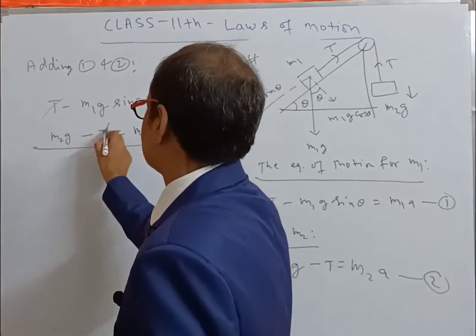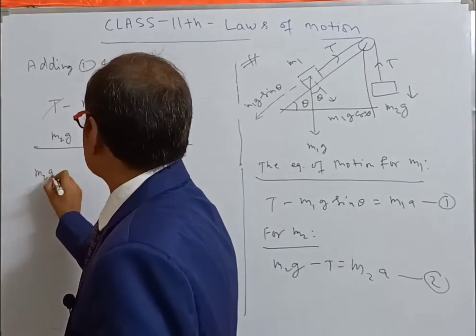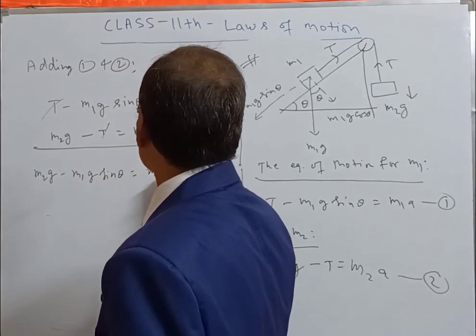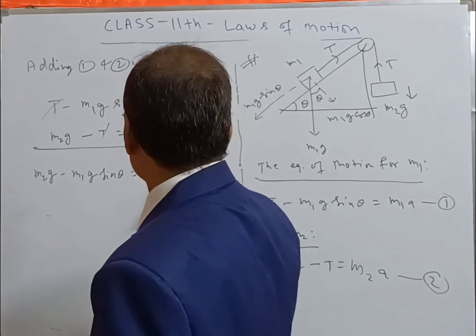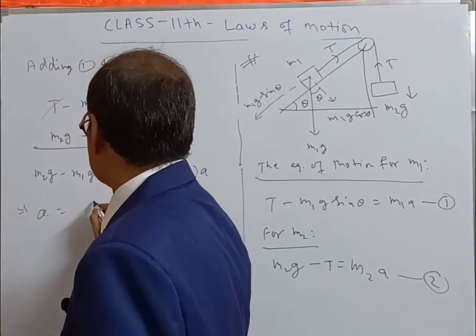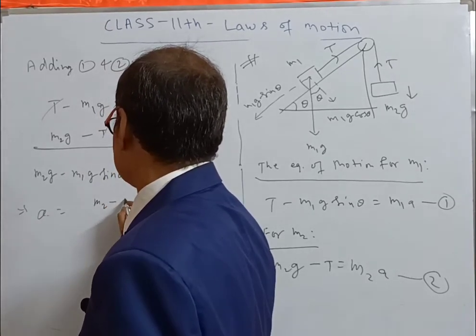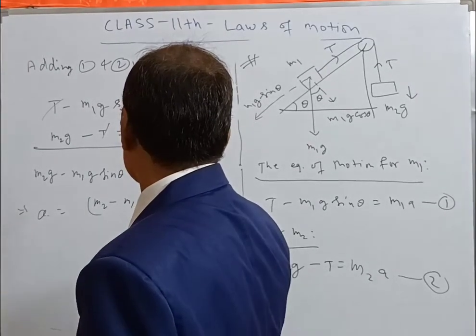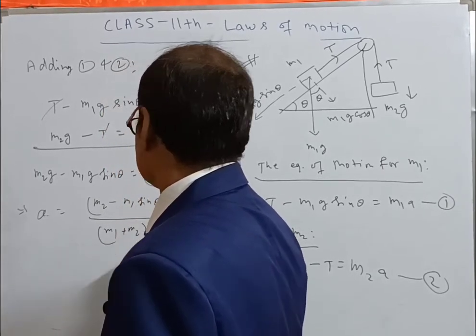If we add them, T will cancel, and M2G minus M1G sin theta equals M1 plus M2 into A. So A is equal to M2 minus M1 sin theta, into G, divided by M1 plus M2.